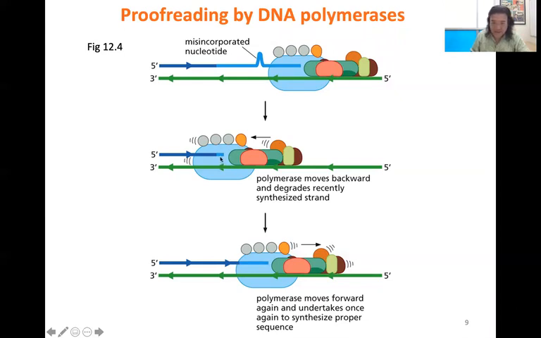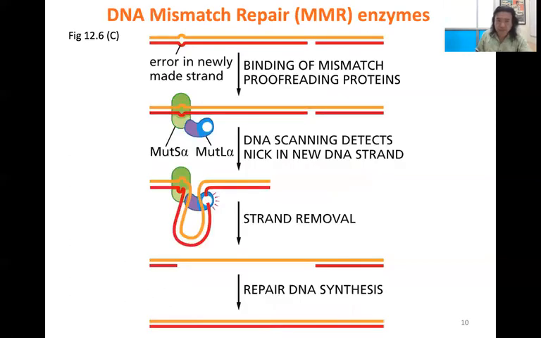It's kind of funny, the little proteins, these little lines here, I'm not sure exactly what's going on. They're like jiggling or something like that. No, I think actually what it's showing is that it's signaling for other proteins to come and remove that misincorporated base. And then the submarine can proceed to move forward again. So now it's jiggling in this direction. So that's proofreading, which is just a function of the DNA polymerase itself.